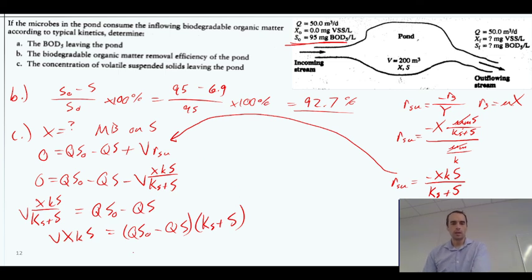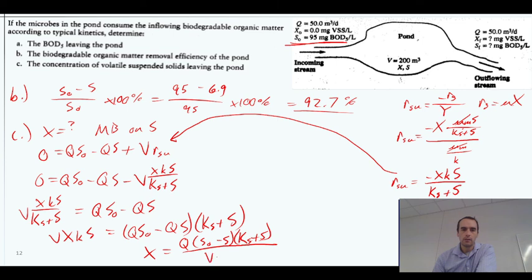So X then is equal to Q, and I'm going to factor it out a little bit here, S naught minus S, times Ks plus S, all that divided by V, k, and S. The Q over V, that's 1 over theta, so we could put a theta on the bottom.